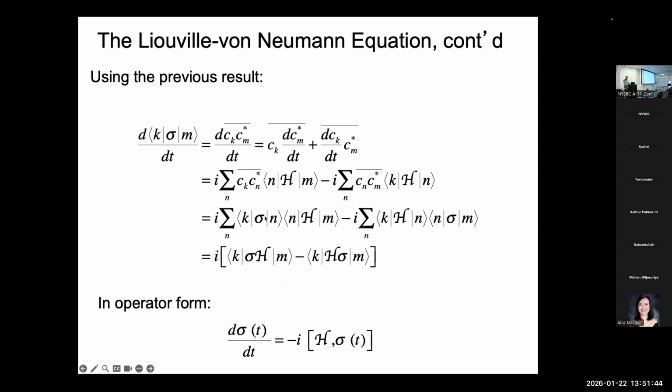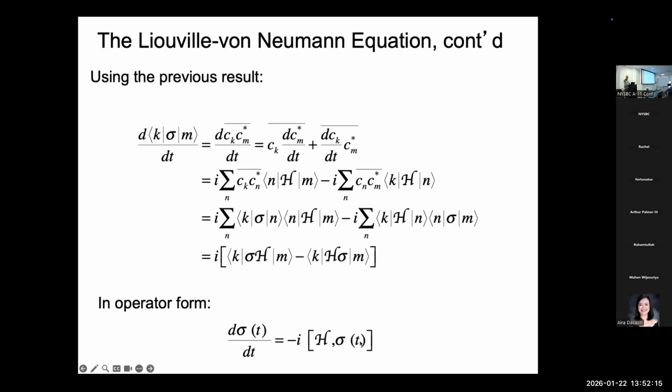I play around for a while with the algebra, and I'll leave that to you. But I can put this in the form that the time derivative of the density operator is minus i, bracket H sigma bracket. And this bracket means the commutator. So the bracket means H times sigma minus sigma times H.